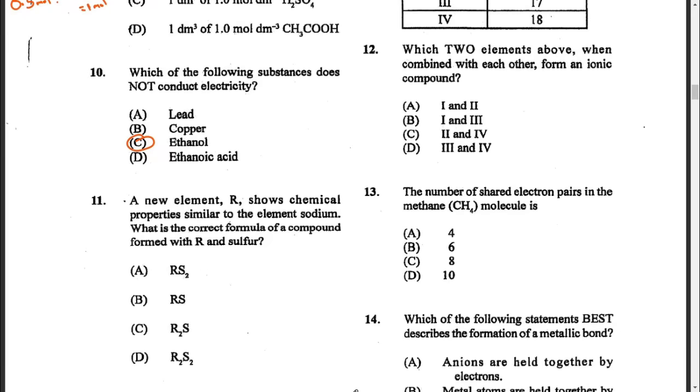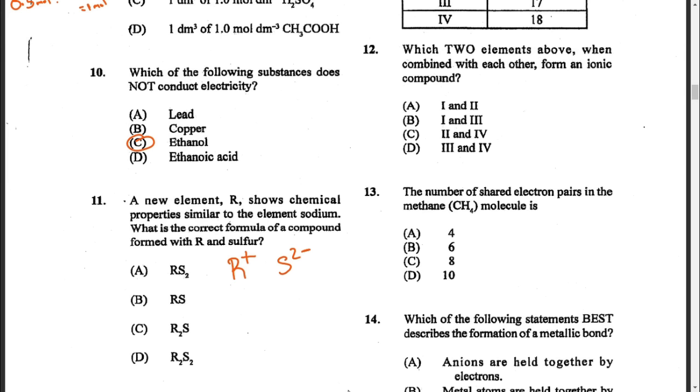Question 11. A new element R shows chemical properties similar to the element sodium. What is the correct formula of a compound formed with R and sulfur? Since R has similar properties to that of sodium, that means R forms the R+ ion, the +1 ion, and sulfur would form the sulfide ion, which is S2-.